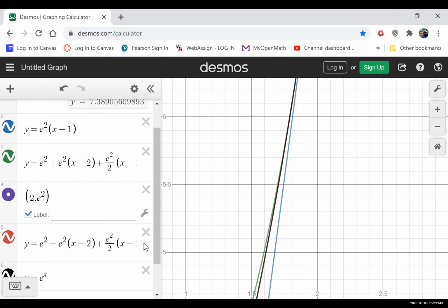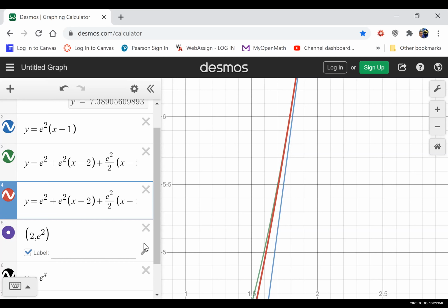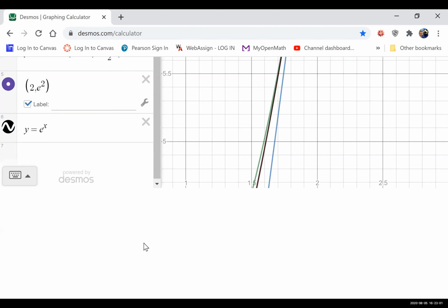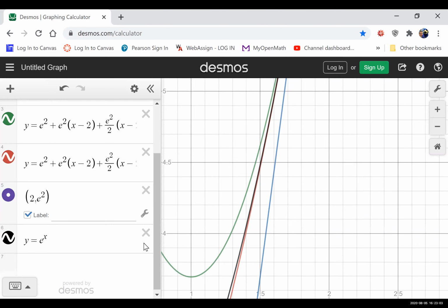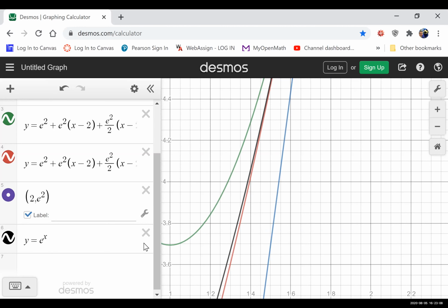And what would be the last one that you would think would be diverging from this? Let me go back here. It would be the red one, right? The red one would be the last one to diverge because it has even more accuracy. Can you see how as I take more and more successive terms of the polynomial, it becomes more and more accurate at that value?